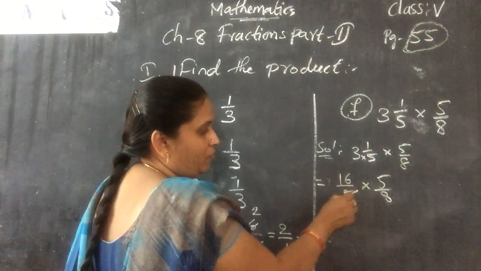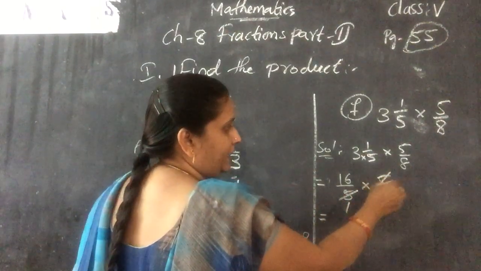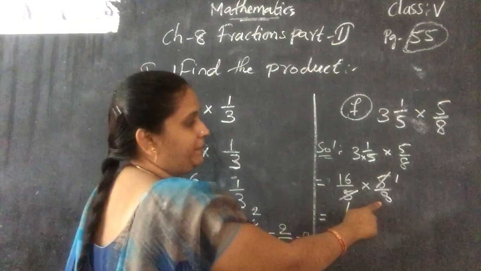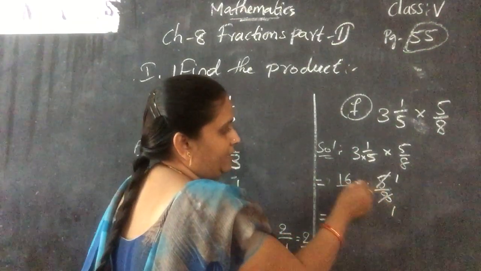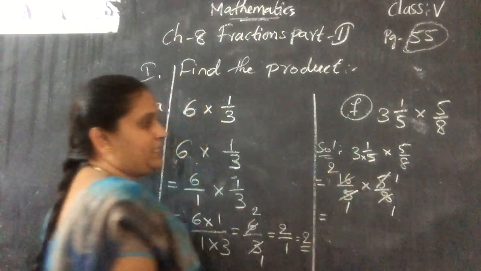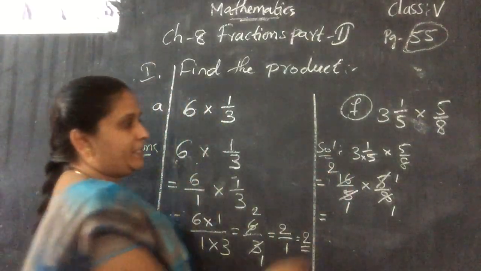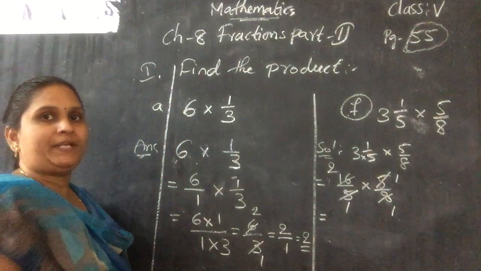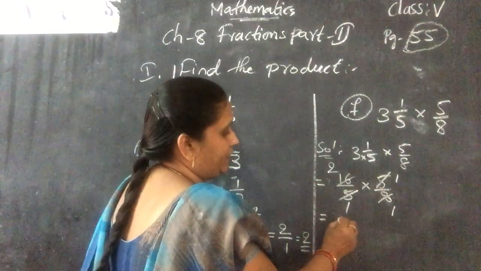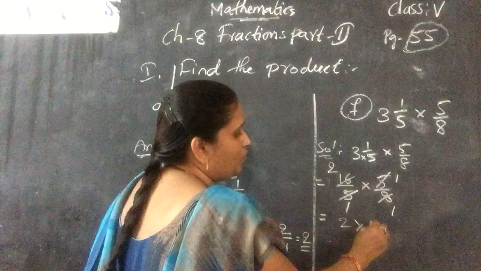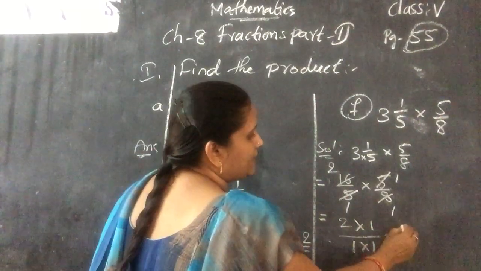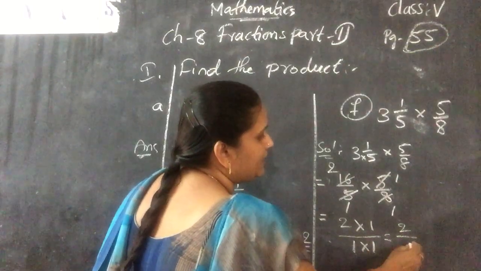How to do it? 5 1s are 5, and here also 5 1s are 5. Next, 8 table: 8 1s are 8, 8 2s are 16. So whatever numerators and denominators are left over, you write them: 2 into 1 by 1 into 1. 2 1s are 2 by 1 1s are 1.